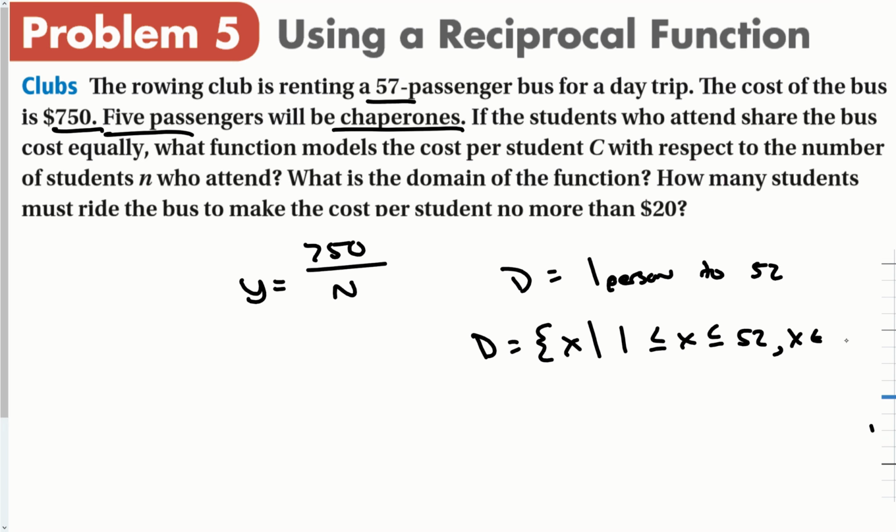Anybody remember the symbol for integers, which is Z? Usually 2 sticks here, but whatever. If you don't understand that, that's okay. We can just write it out, and that's fine.